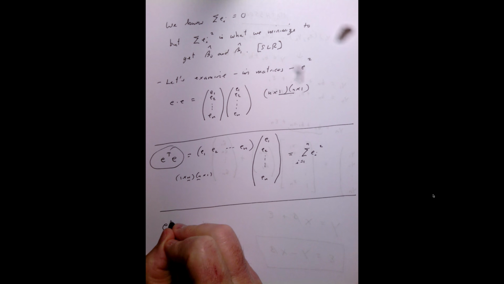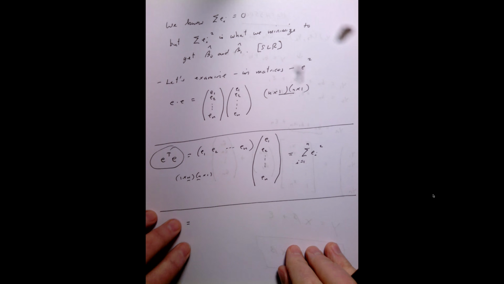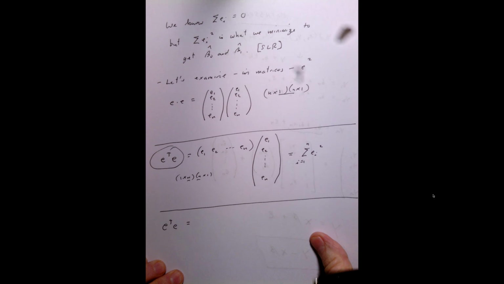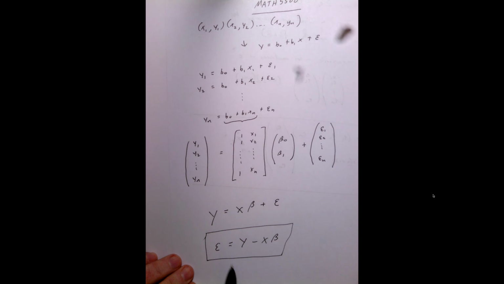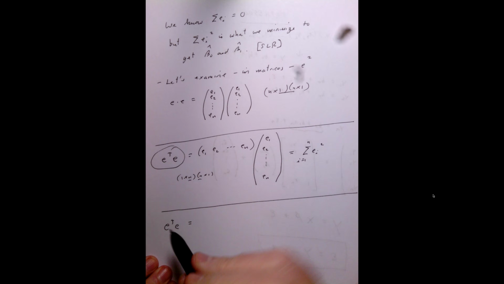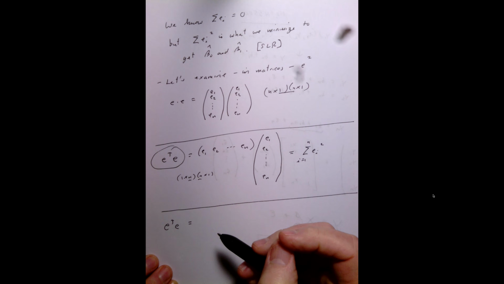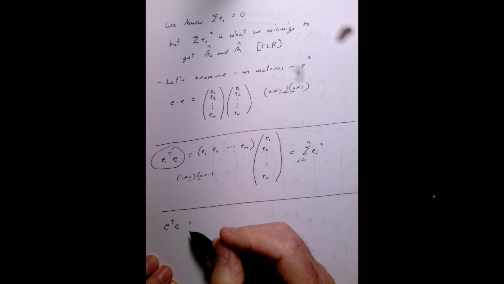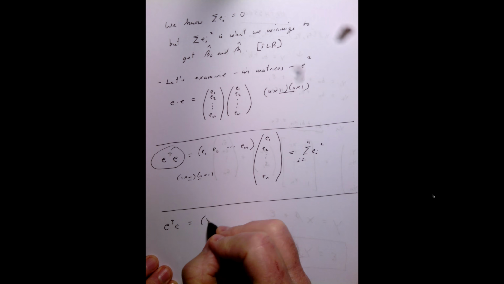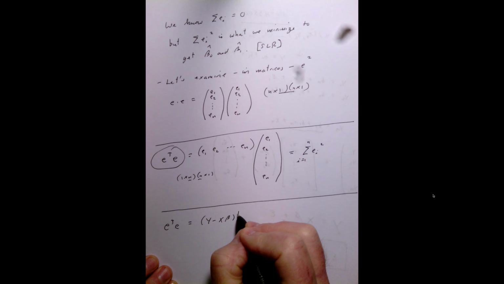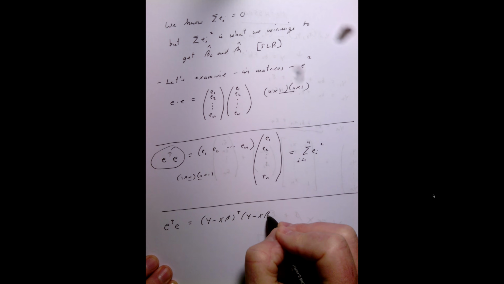Now, let's think about what E transpose E actually looks like. Well, from before, we said that E was equal to y minus xb. So the column vector, the response vector, minus the product of the design matrix and the beta vector. So we're going to have y minus xb transpose times y minus xb.